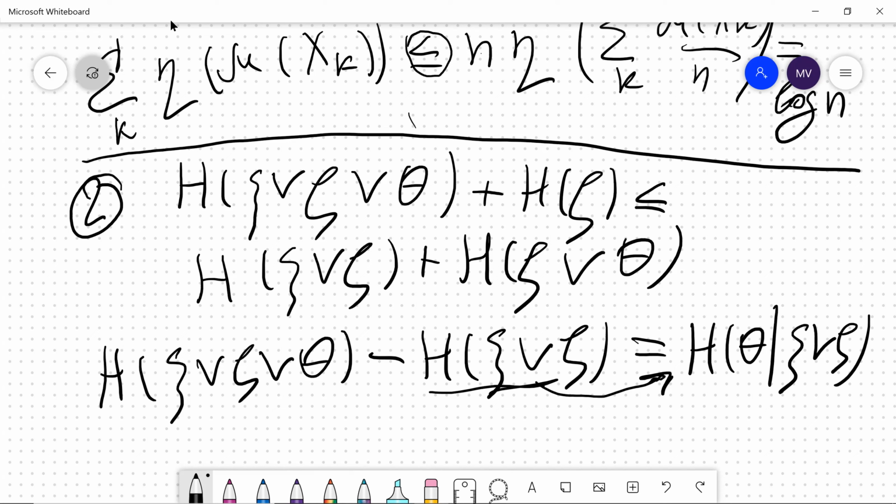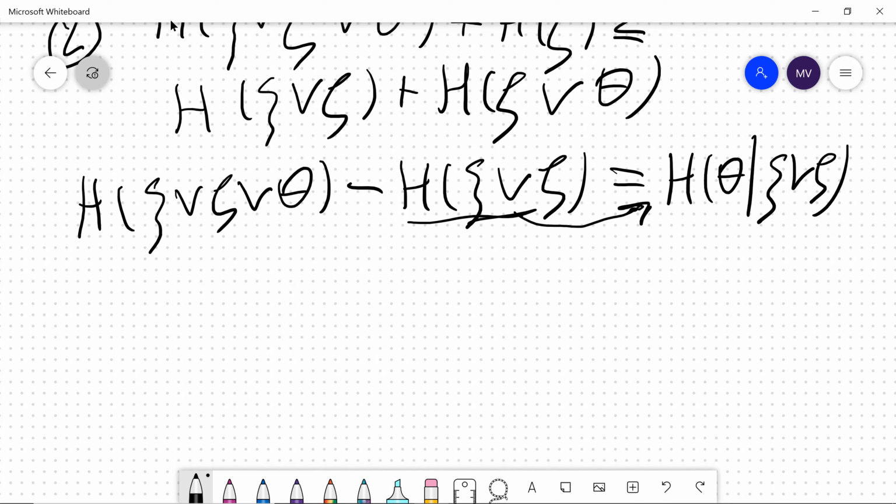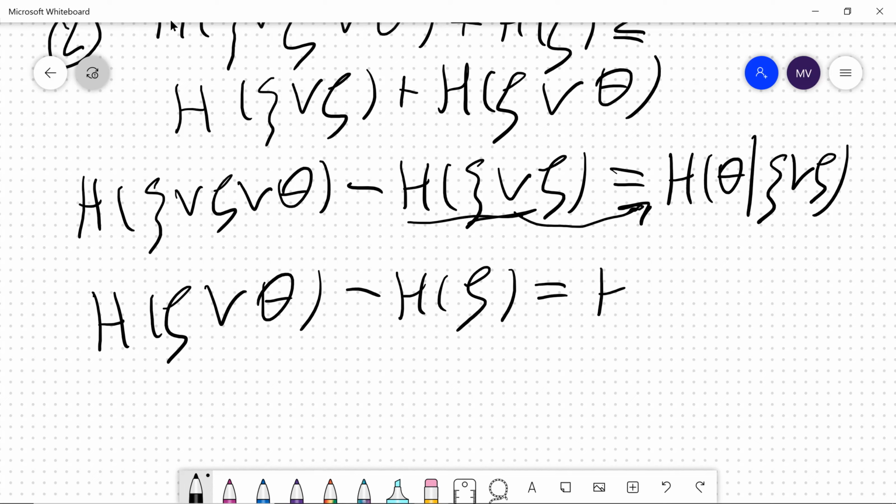Then the second thing that we need to do is to apply this property again and achieve it for the following union. We take h of zeta and theta minus h of zeta, and it is equal to h of theta with respect to zeta.